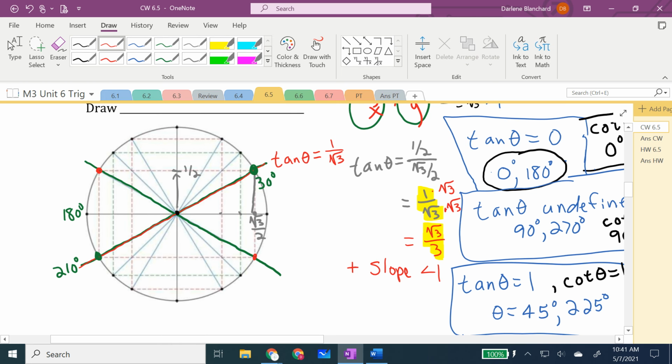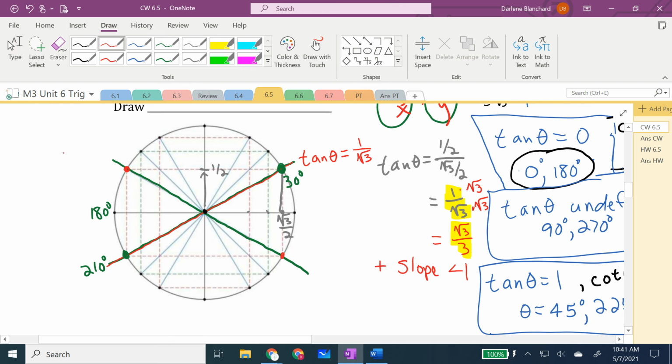Where I have the negative slope, that's where tangent is equal to negative 1/√3. And if you remember that tangent represents slope, then when you're looking at the positive and negative slopes that have the same steepness, it's easier to remember that they are both 1/√3, but one's positive, one's negative.